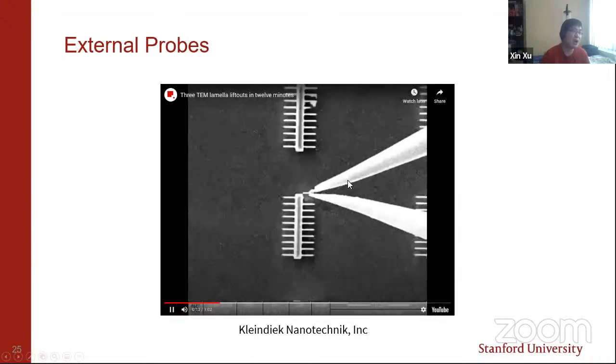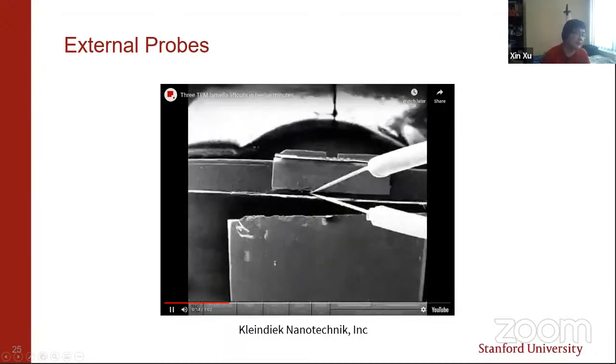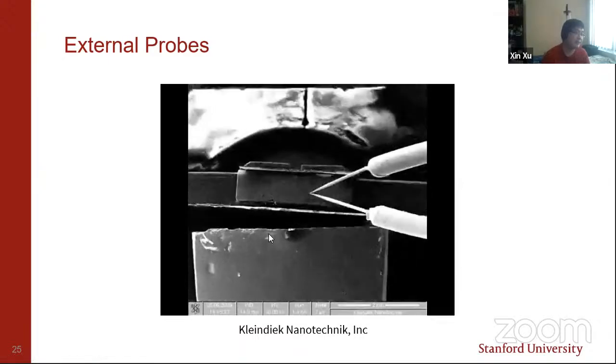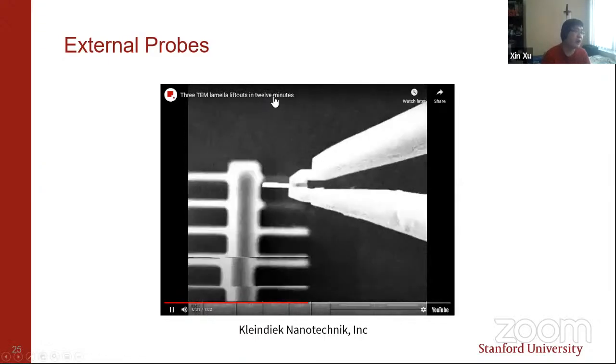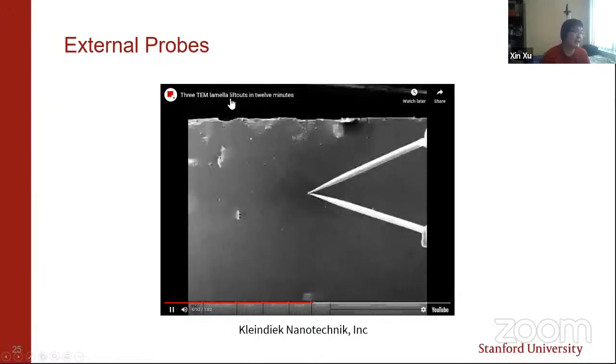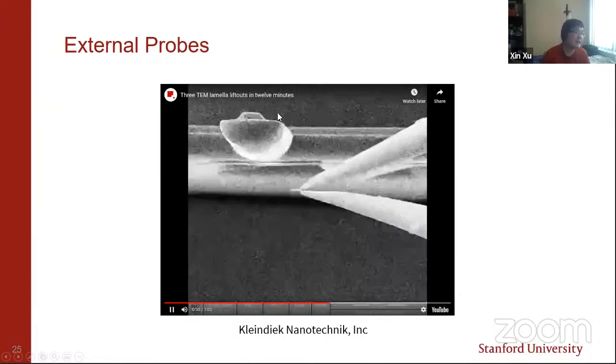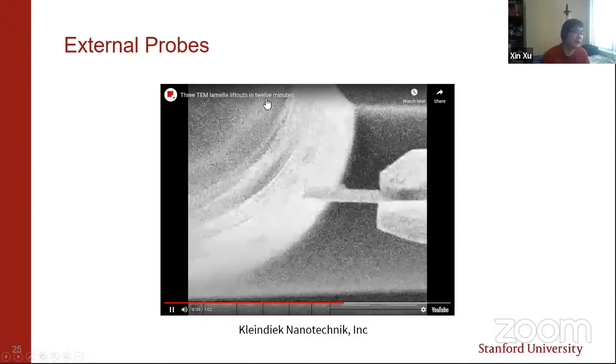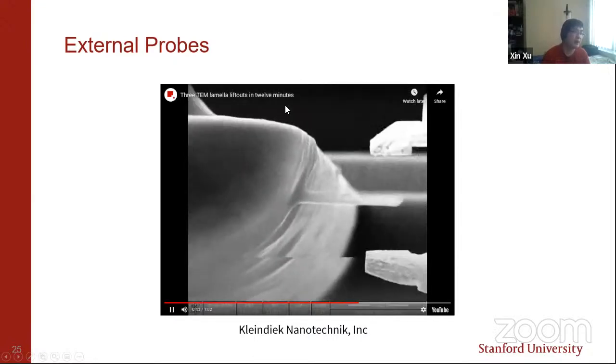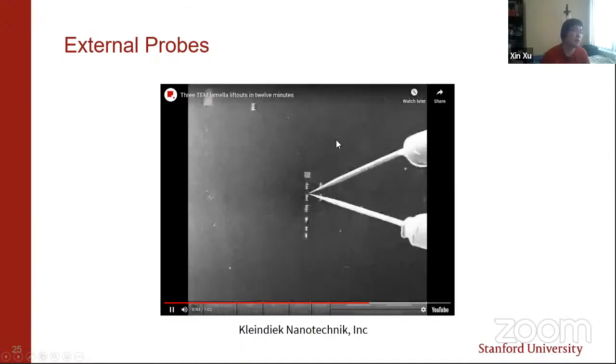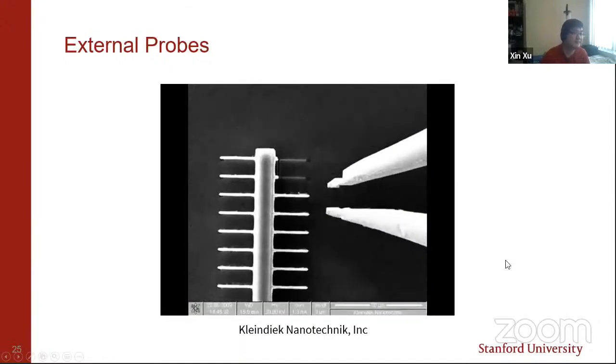This way, you can grab the sample and move it to the area, for example, a TEM lamella. You can do a TEM lamella lift-out within 12 minutes, while usually it takes around an hour or half an hour to do one transfer.